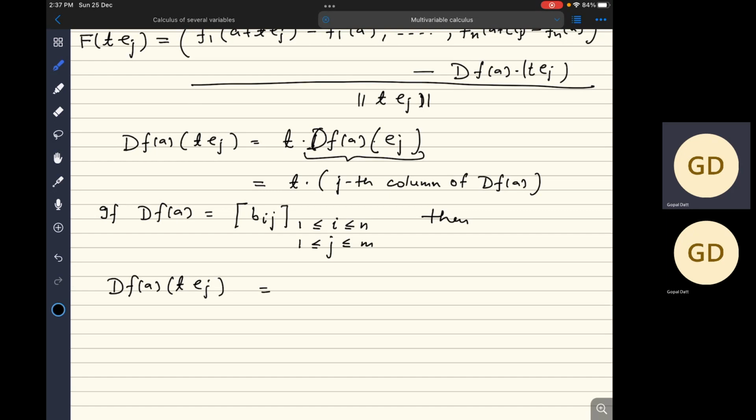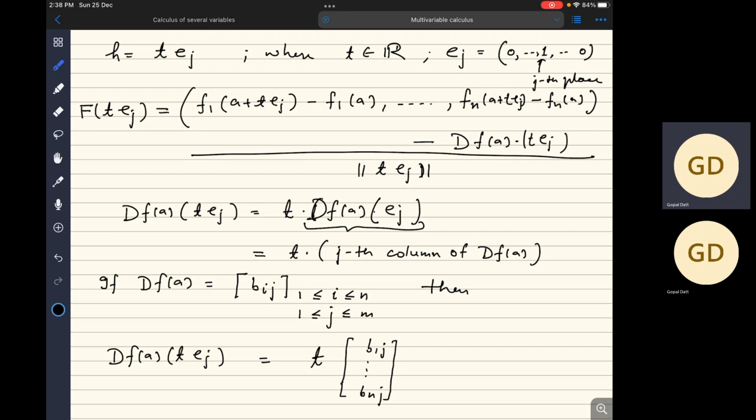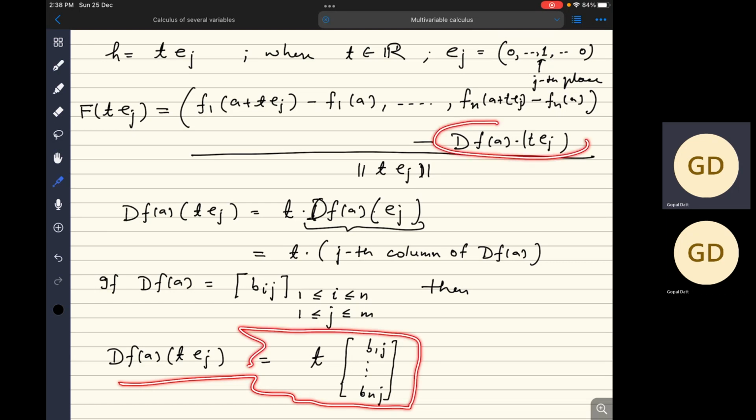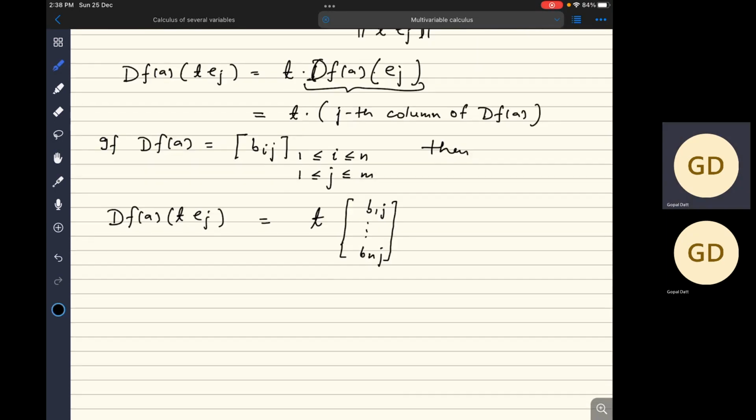This is equal to t times (b1j, ..., bnj). Correct? Okay, now what we will do, we will write this value of Df a here. Whatever expression of this vector we have got, we will subtract this vector here. Okay, let us move ahead. So what have we got?